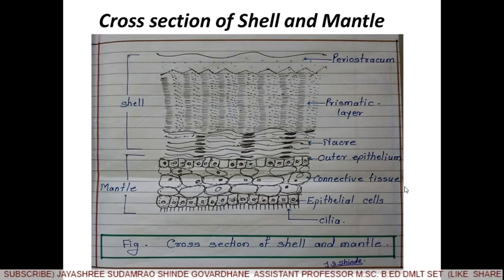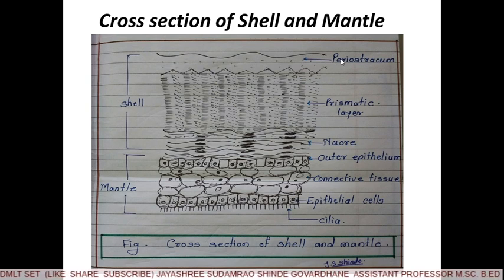Let us see the cross section of the shell and mantle. It shows three distinct layers: periostracum, ostracum and hypostracum. Periostracum is the outer layer. The prismatic layer is also known as ostracum, and this nacre is also known as hypostracum or mother of pearl. Let us see in detail.